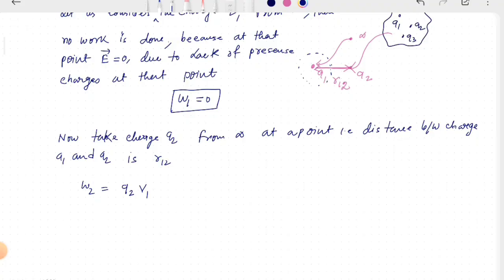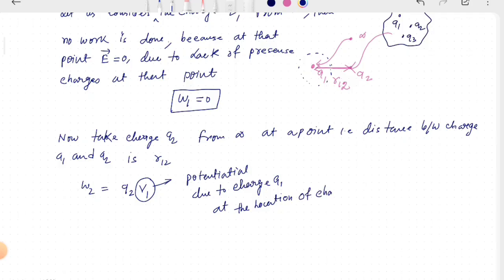So you have to remember, this is the potential due to charge Q1 at the location of charge Q2.